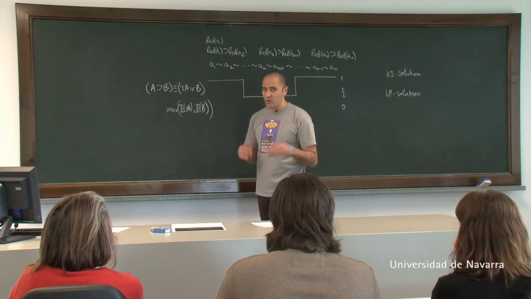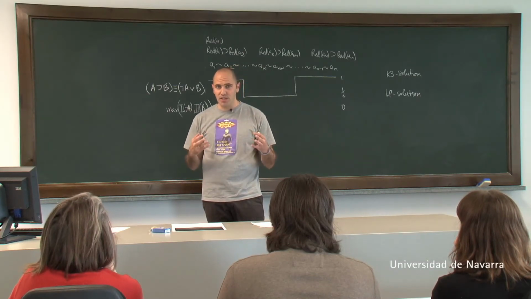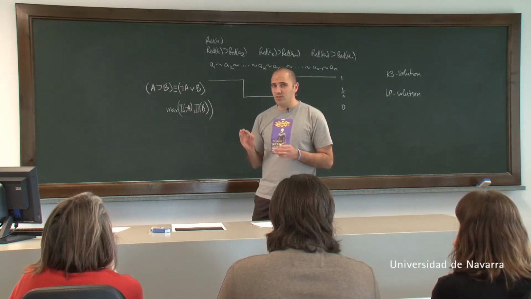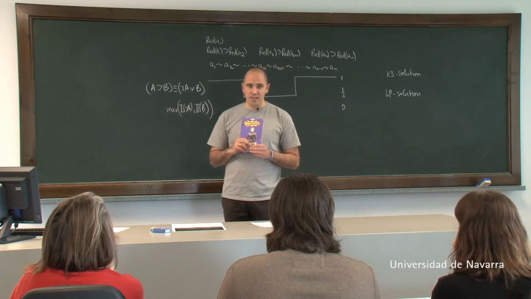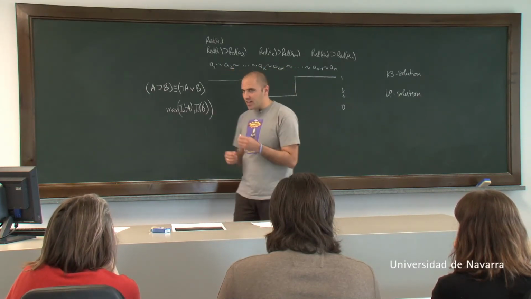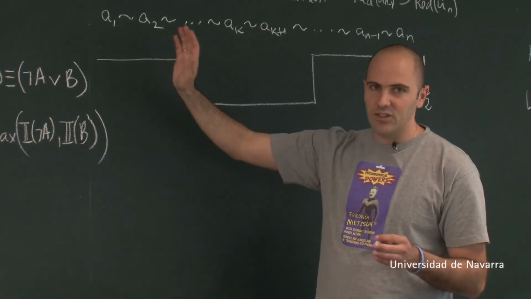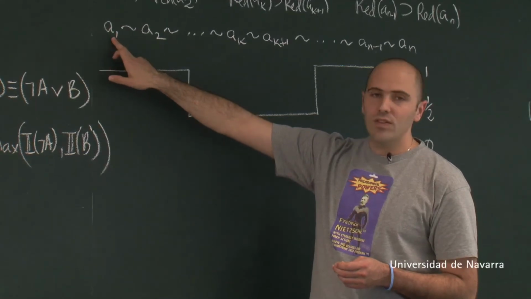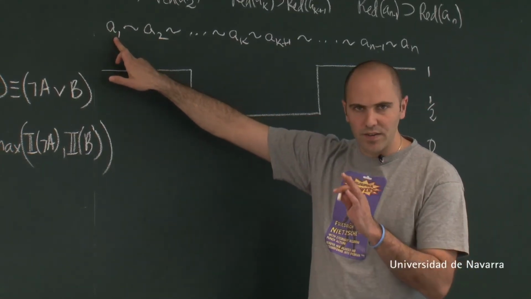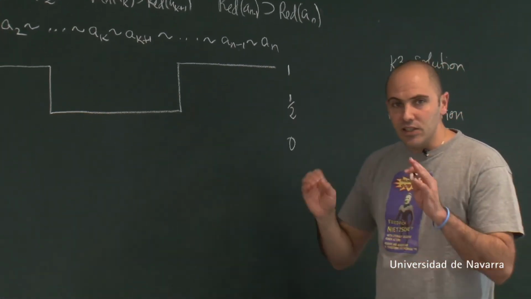We had good fun so far. We learned lots of things about K3 and LP, but it's time now to see how these logics can help us to solve the sorites paradox. So let's look again at the sorites series. Just to remind you, the first element of the series is clearly red. The last element is clearly not red.